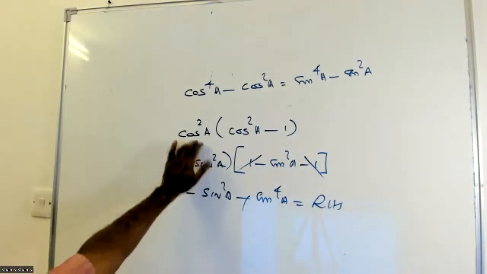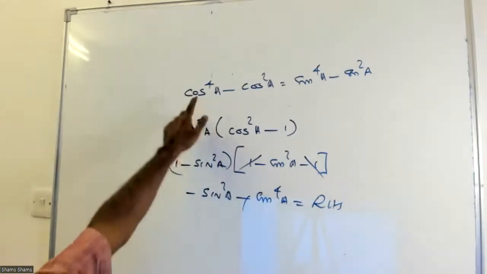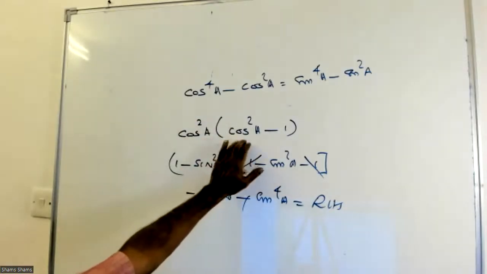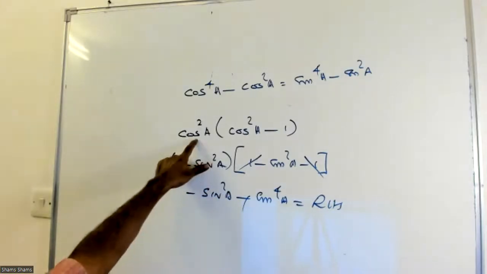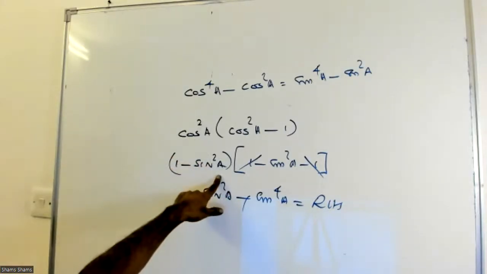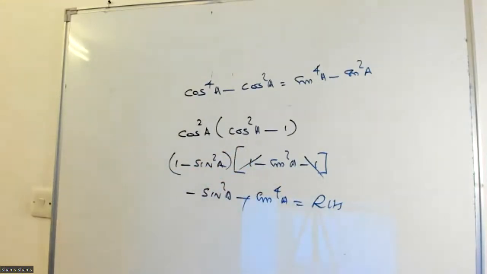Listen, cos raised to 4a minus cos square a. What is the common? Cos square a. Cos square a common, and gone. This is cos square a minus 1, right? Yes, sir. Instead of cos square a, I wrote 1 minus sin square a. Again, this cos square a also 1 minus sin square a.